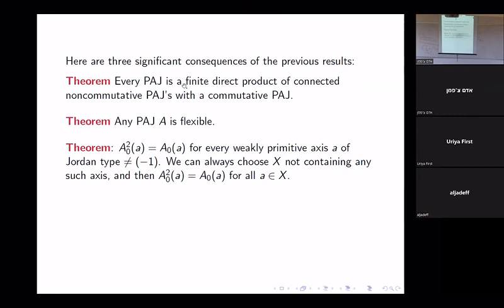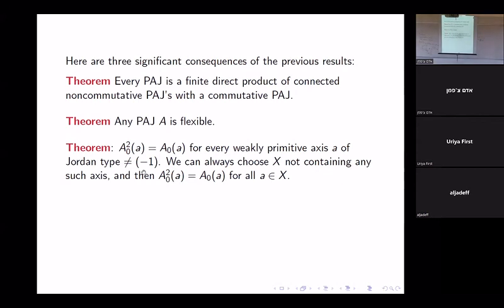So every PHA is a finite direct product of connected non-commutative PHAs and one commutative PHA. Every PHA is flexible, and A naught squared of A is equal to A naught of A for any primitive axis of Jordan type -1, which we can arrange.